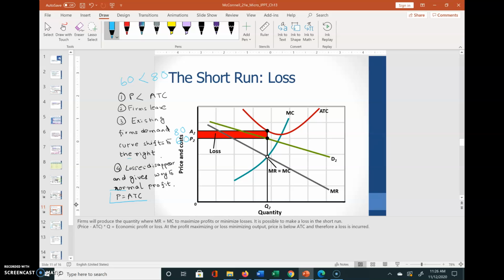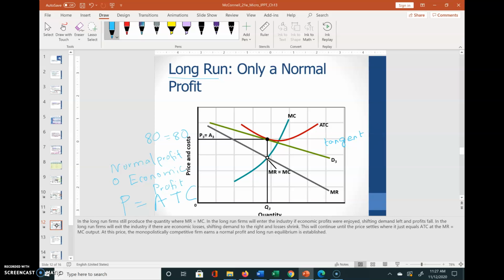Eventually, we will have price equal to average total cost. So we will have this situation where the price line is equal to average total cost and the demand curve is tangent to this average total cost line.